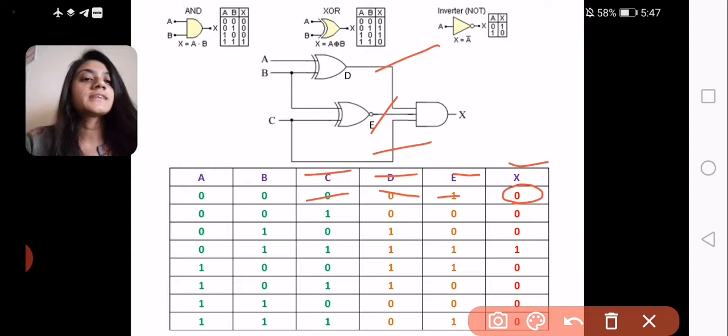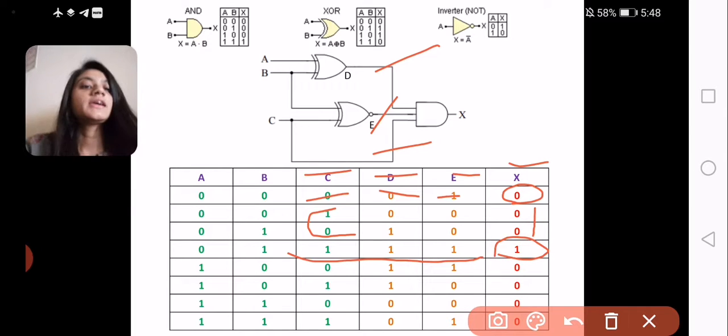Now see in the next two combinations, at least one 0 is there, so the answer is 0. Next combination has three 1s, so it will give answer 1. And in all the next combinations at least one 0 is present, so the multiplication of all these combinations will be 0. Okay. So very simple.